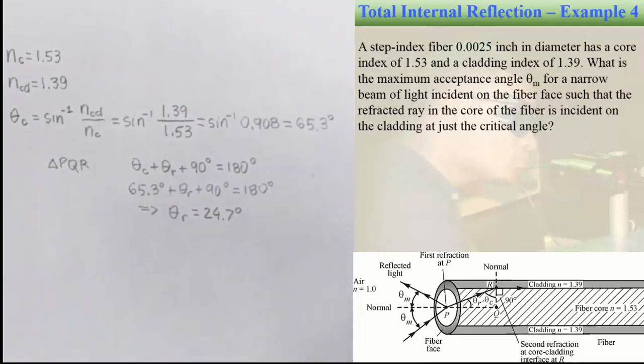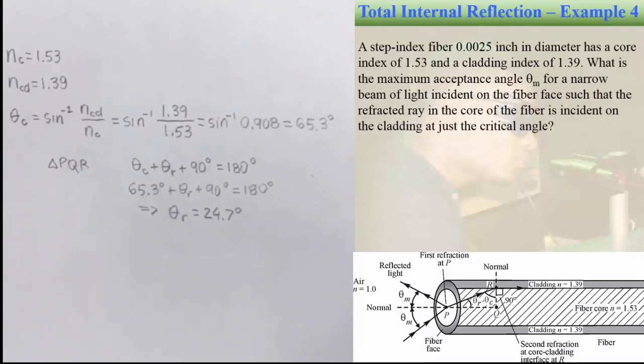Okay, now going back to our sketch, again, we want to focus our attention on the point P. You can see at the point P, we have a phenomenon of refraction where the incident light ray is being launched from the air and it's entering the core. And what we want to calculate here is this angle theta M. That's our so-called minimum acceptance angle theta M. You can see that that's what's being asked in this problem.